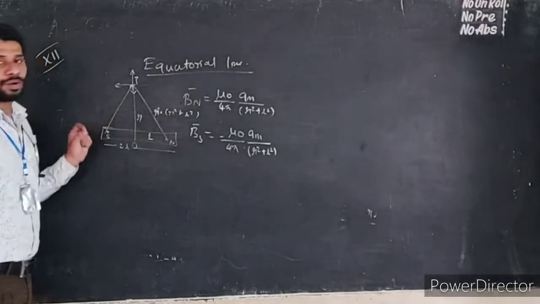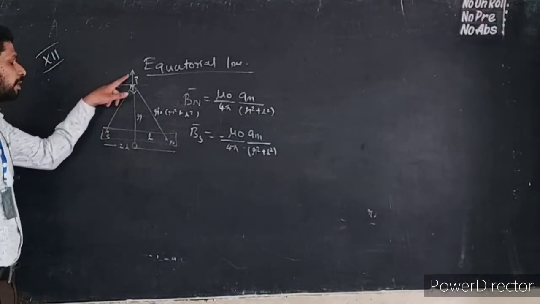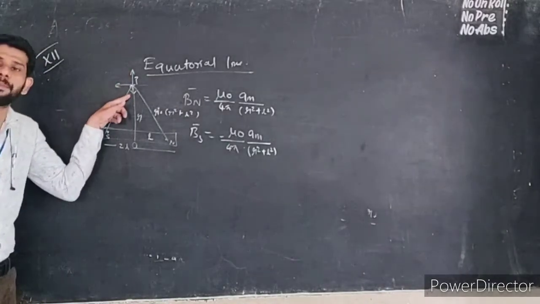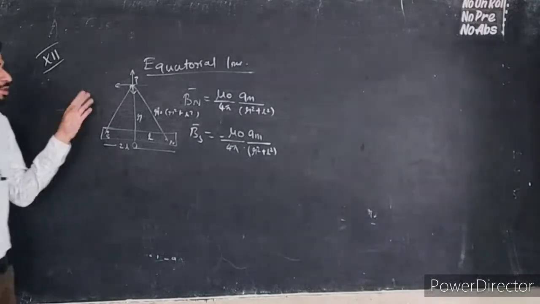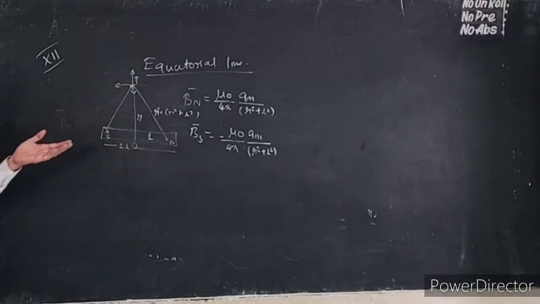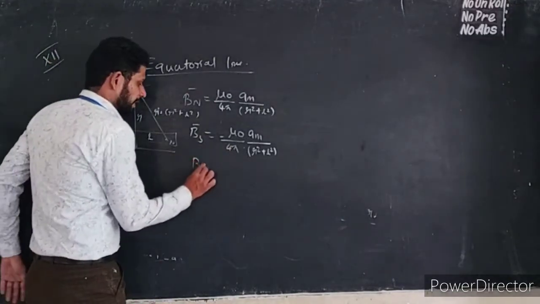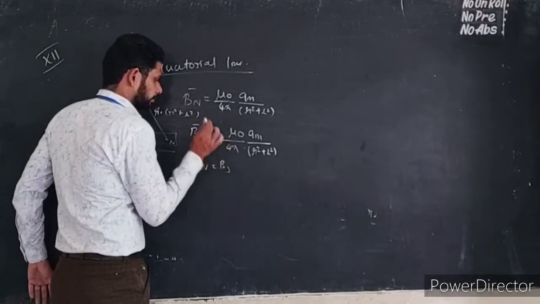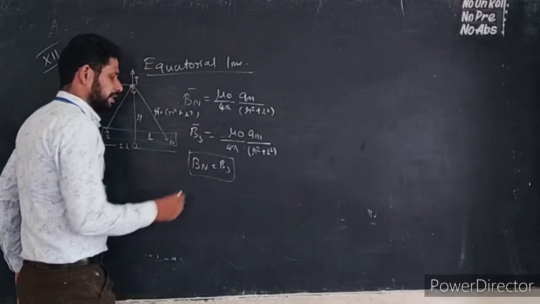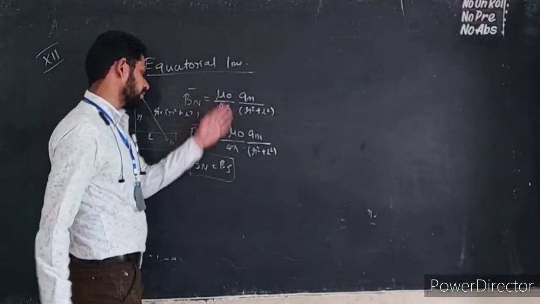But here the total magnetic field is represented by two components, the sin theta components and the cos theta components. The cos theta components will be added. You can take any one of them, because Bn will be equal to Bs, so both equations will be equal.